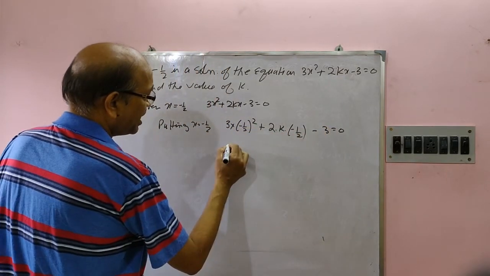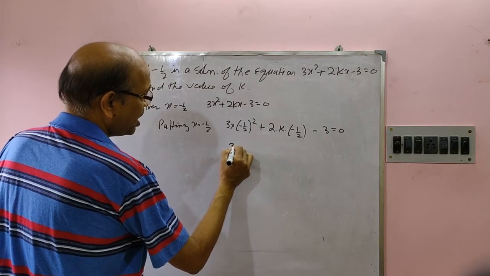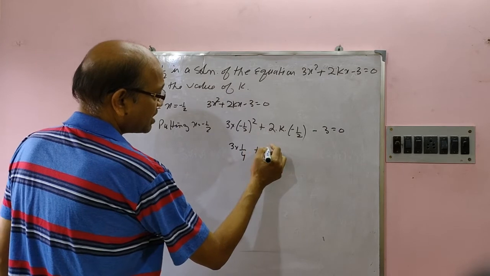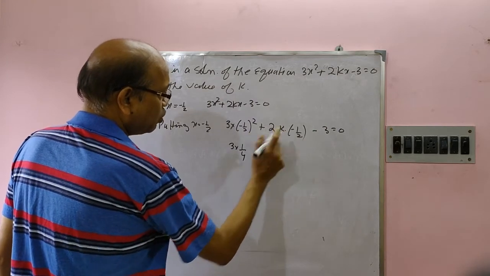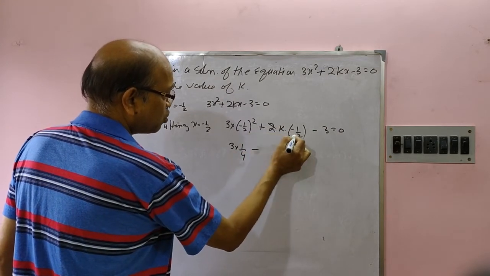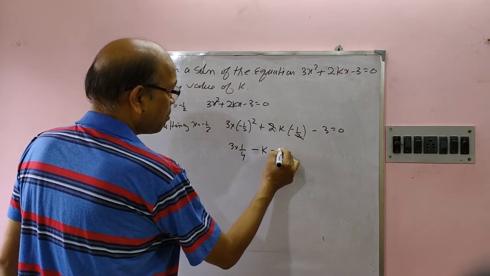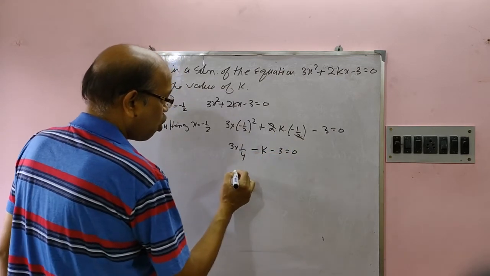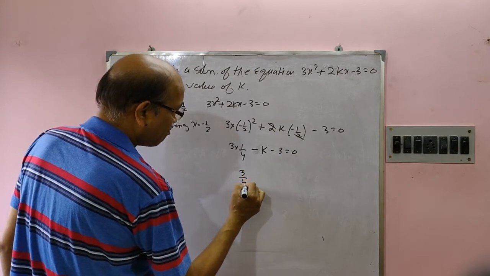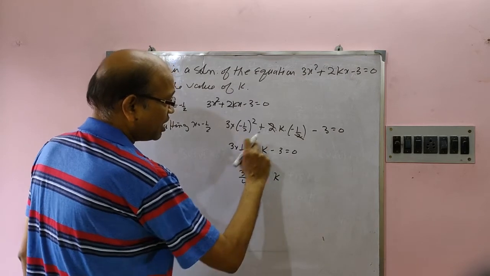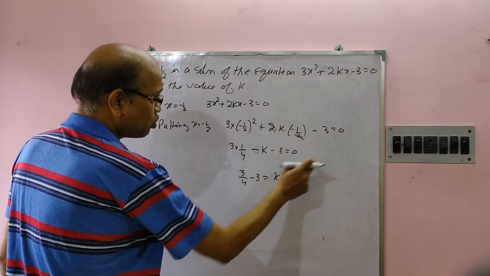So what I get here is 3 into 1 by 4, plus minus into minus is minus, this 2 gets cut here, this is k, and then we have minus 3 equals 0. Or 3 by 4 minus 3 is equal to k. I am taking the k to the other side, so this becomes plus k.